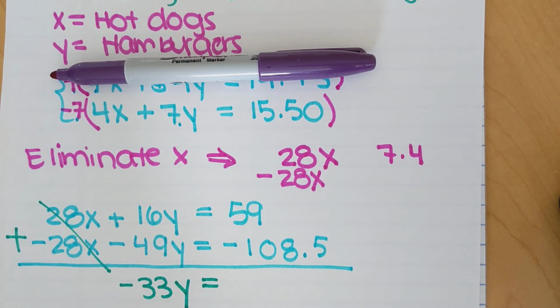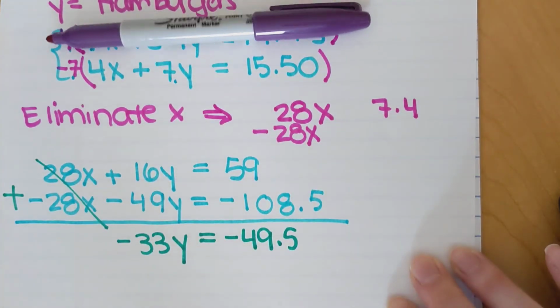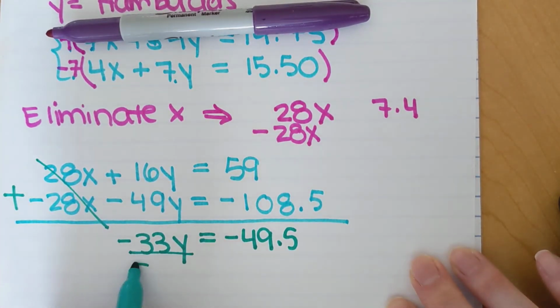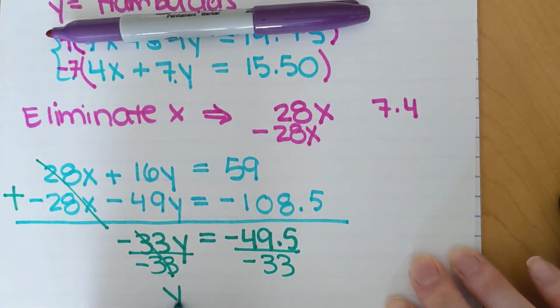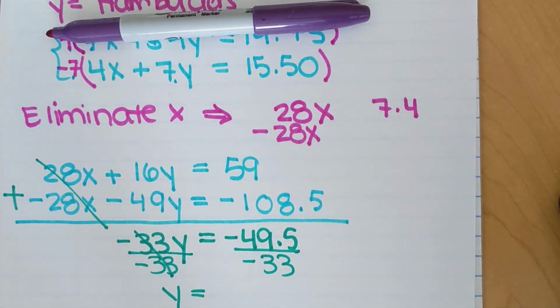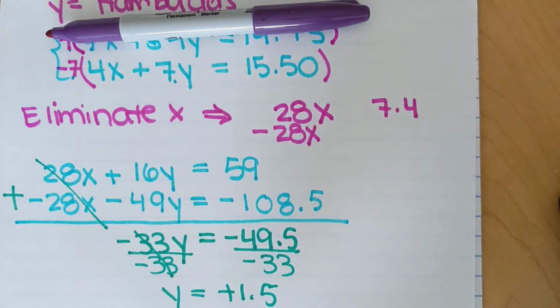And then the 59 minus the 108.5 gives us negative 49.5. And then divide both sides by negative 33. And that gives us Y equals, when we divide the negative 49.5 by negative 33, positive 1.5.